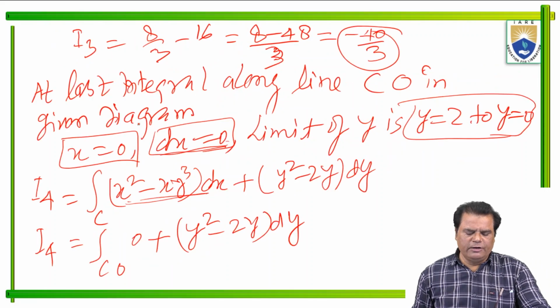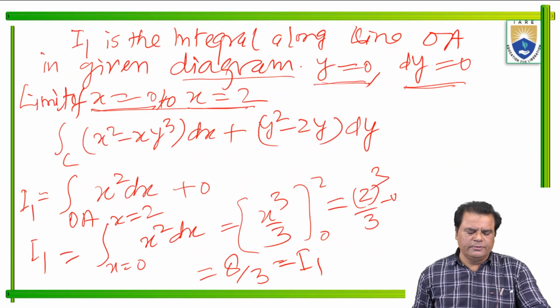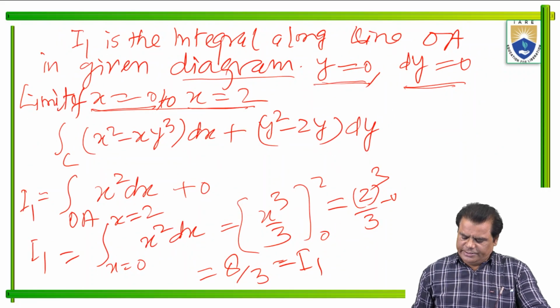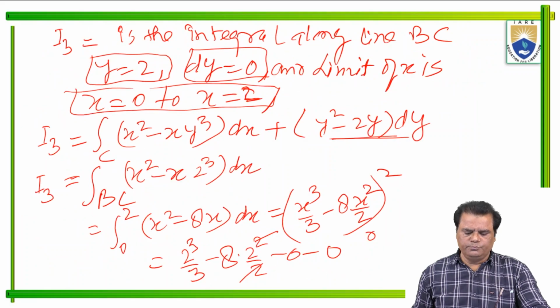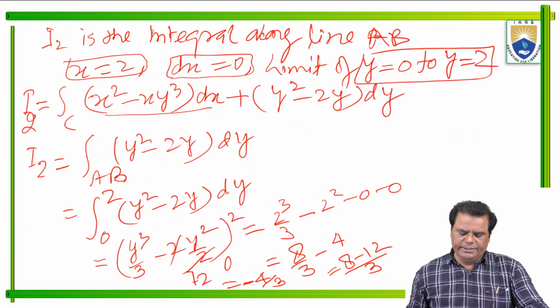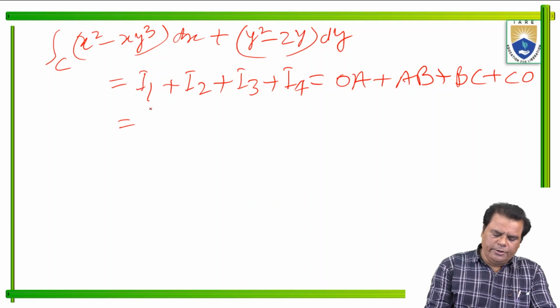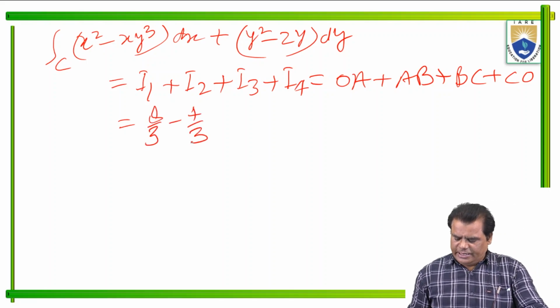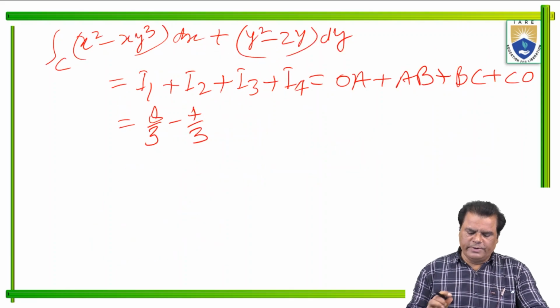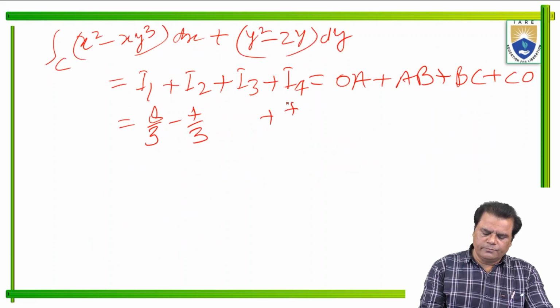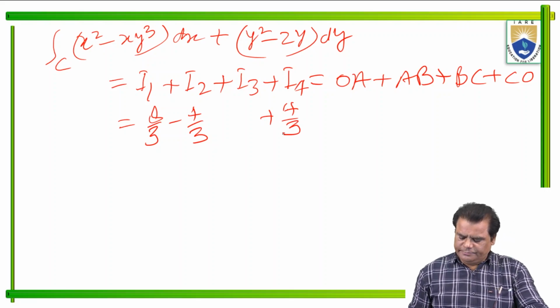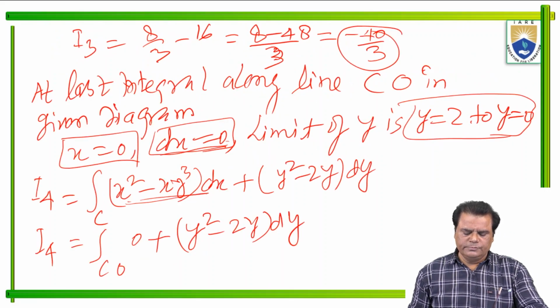We have calculated I1 is 8 by 3, I2 is minus 4 by 3, I4 is 4 by 3, and I3 is minus 40 by 3.